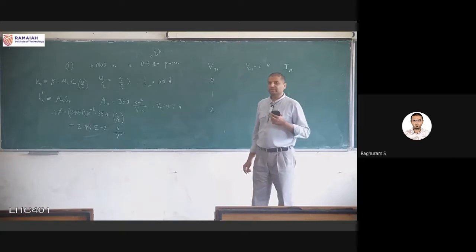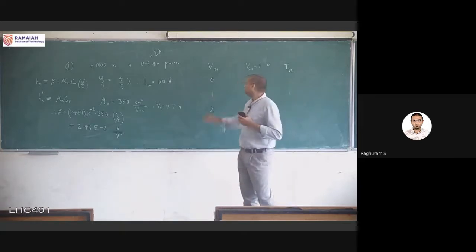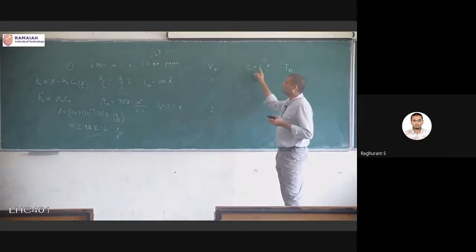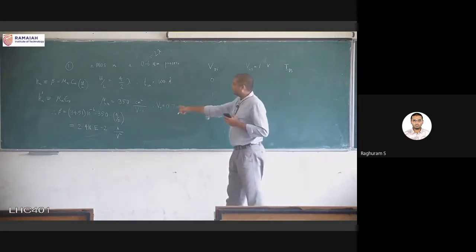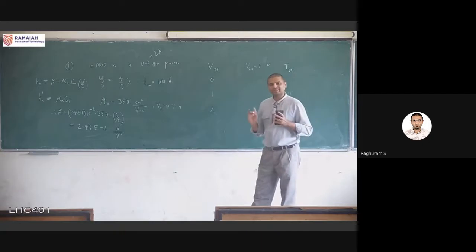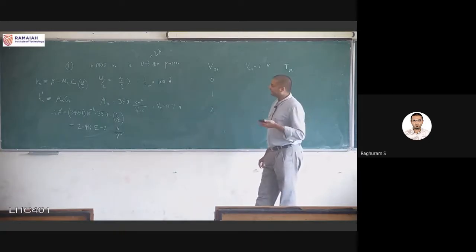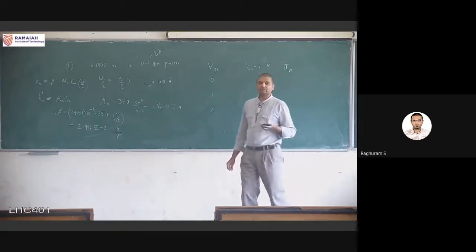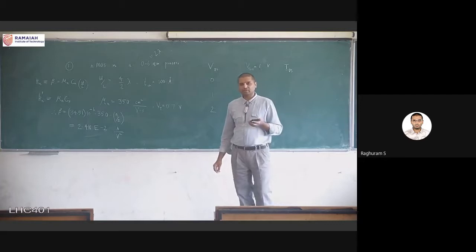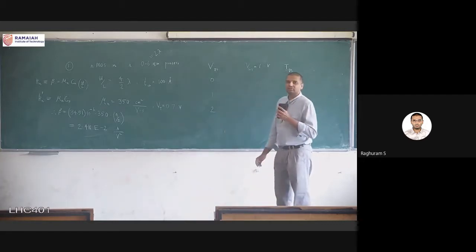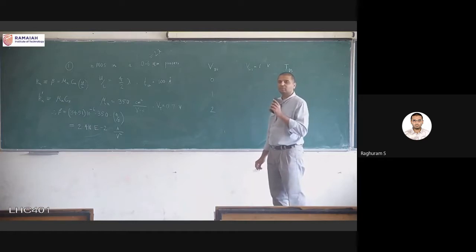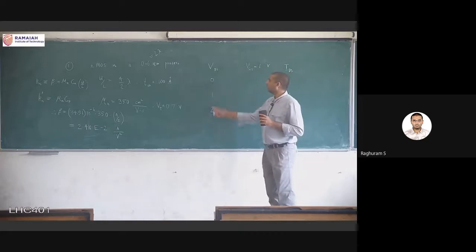One is if the transistor is on or off. In this case, VGS is 1 volt. This is the NMOS transistor. VGS is greater than 0.7 volts, so the transistor is on. Once it is on, we have to check whether it's in linear or saturation. In that case, we will be able to decide what is the current equation based on the mode of operation of the transistor. In this case, VDS equals 0 volts.